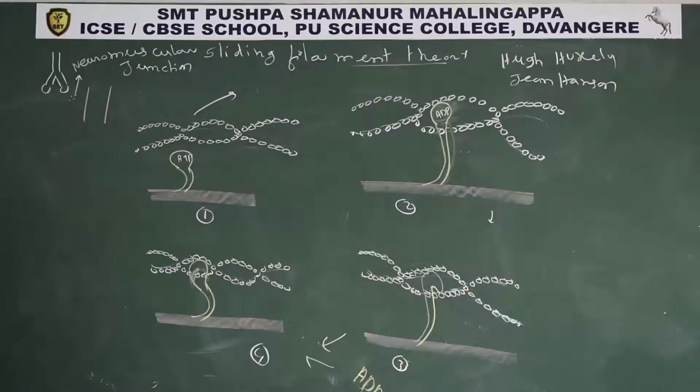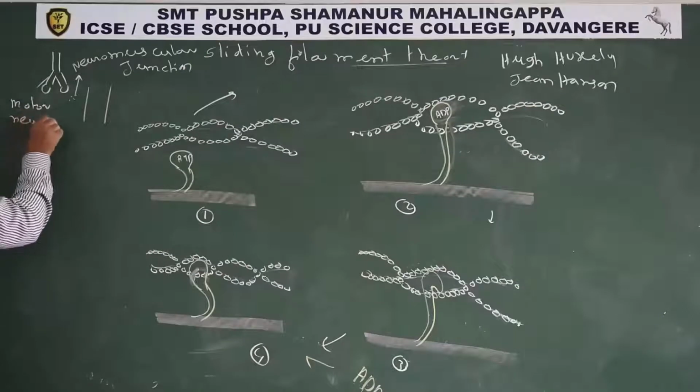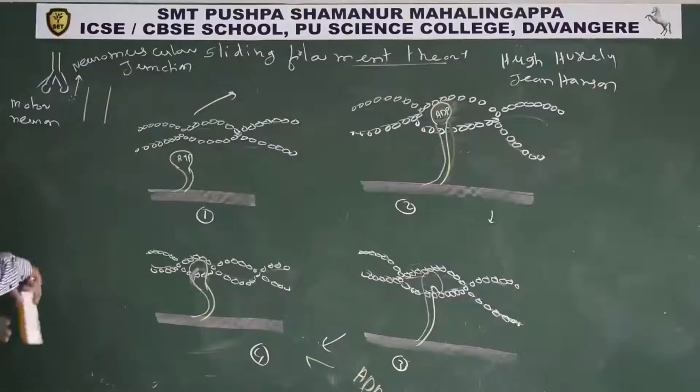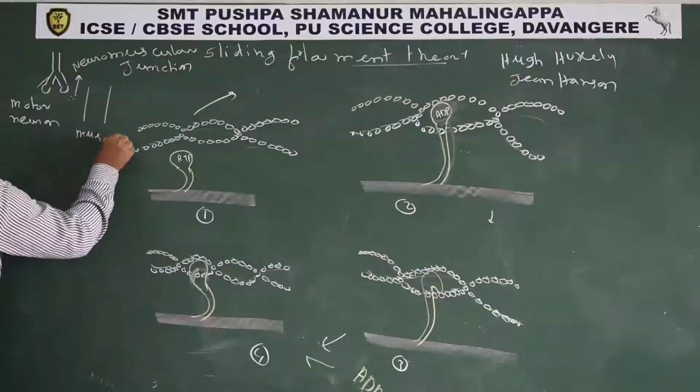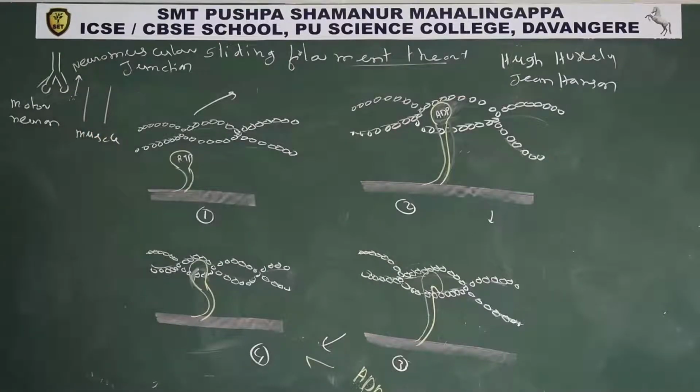The first step is muscle excitation. The central nervous system, via a motor nerve, releases the message between the motor neuron and the muscle. The empty place between the motor neuron and muscle is known as the neuromuscular junction or motor end plate.